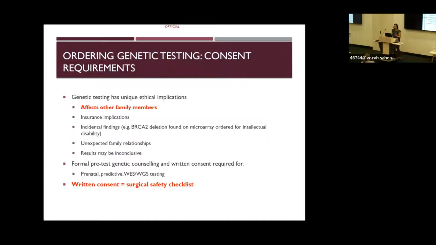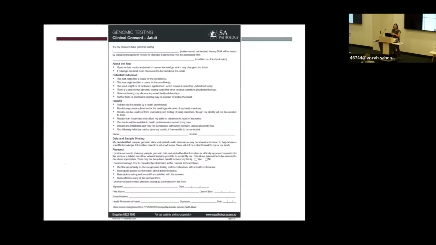Otherwise, for other genetic testing, we do recommend getting written consent as a way to sort of remind yourself to talk about all of these unique ethical implications. Kind of like the surgical safety checklist, it's just going through all the motions, making sure that the patient understands what they're in for. So this is an example of our consent form, and so it's got all of those things that we just talked about: unexpected family relationships, incidental findings, and so on.